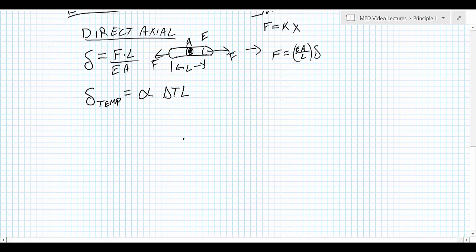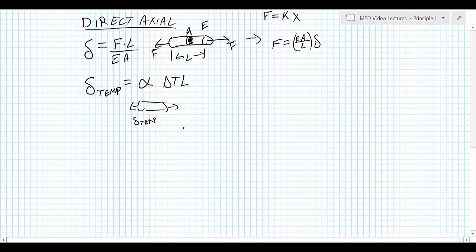So this will change by some delta based on the absolute temperature change the part goes under. And this can be multi-directional. You can build some pretty complicated ones. We won't be looking too much at temperature changes within this class.